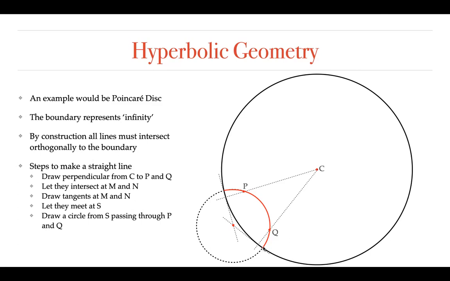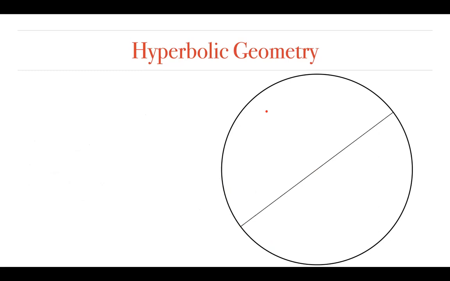Once you know how to make straight lines, similarly you can also use the definition of drawing circles as well. Once you know how to make straight lines, you can draw triangles, etc. If you do that, you will find that the sum of the three angles of a triangle is always less than 180 degrees.